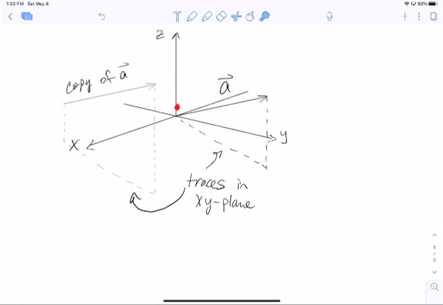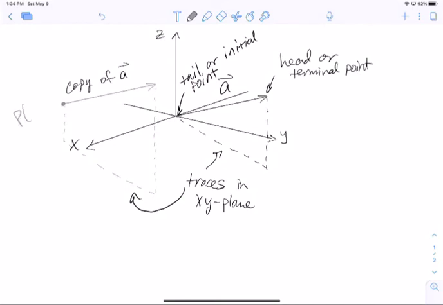Now for some vocabulary here, a has a tail or an initial point. It's the end of the vector that doesn't have the arrow. The end of the vector that does have the arrow is called the head or the terminal point. Now let's turn to the copy of a, and let's suppose that the copy of a has an initial point of P, which is going to be given by (x1, y1, z1).